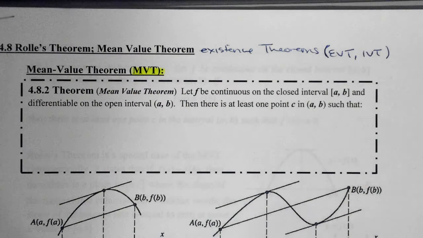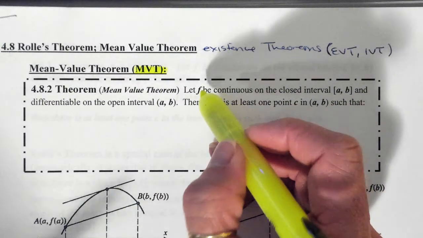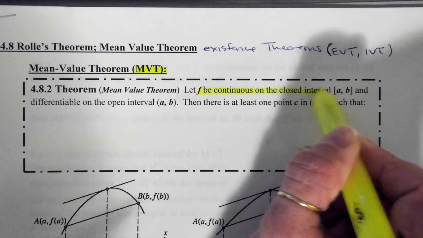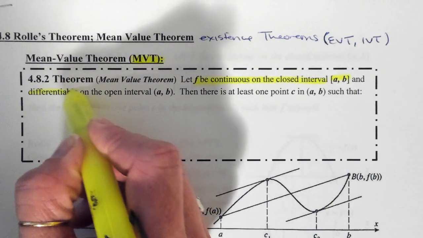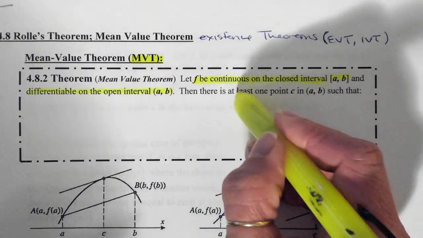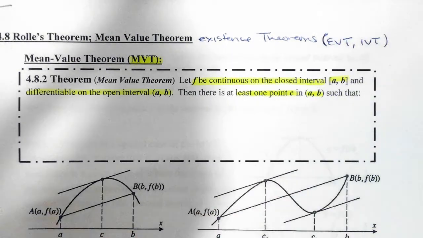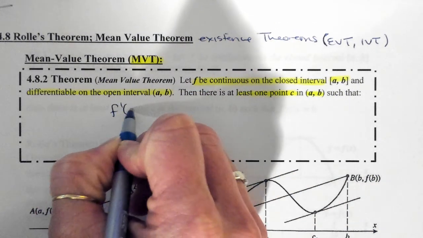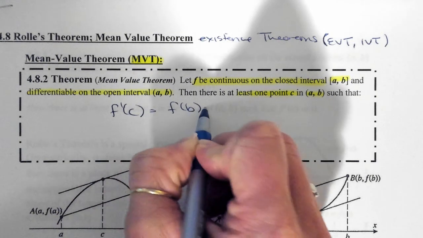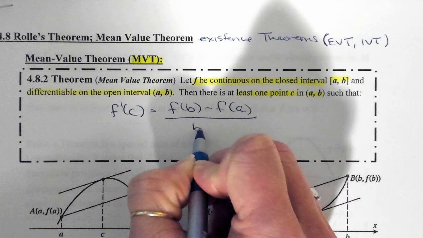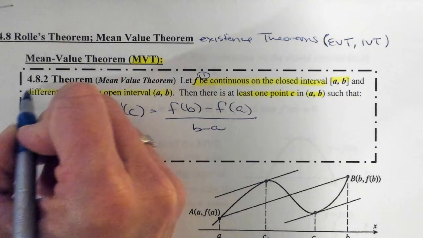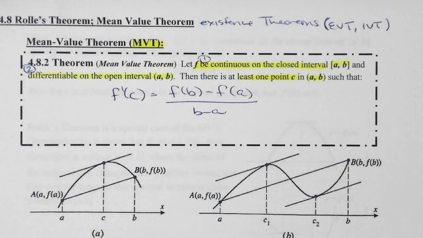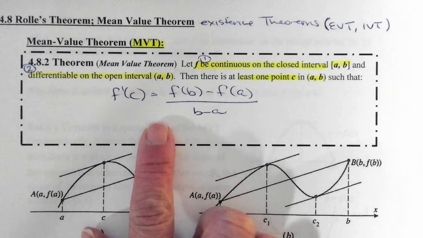Basically this theorem states that if you have a function that is continuous on a closed interval, okay, so that's one of the items that has to occur, and differentiable on the open interval, okay, then there is at least one point C in that open interval such that f prime of C is equal to f of B minus f of A over B minus A. Okay, so this is the first stipulation here, and this right here is the second stipulation that must be stated and verified.